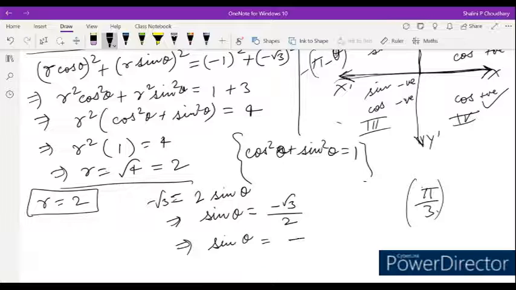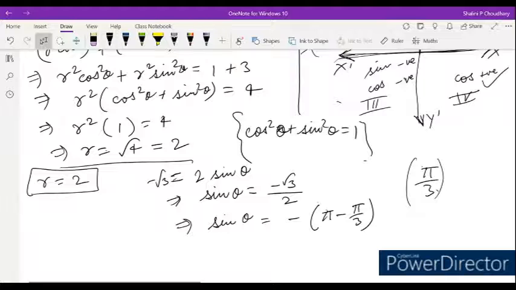So here, for the third quadrant, it will be pi minus pi upon 3. Okay, theta is equal to this, that is, theta is pi minus pi upon 3, which will be equal to 2 pi upon 3.